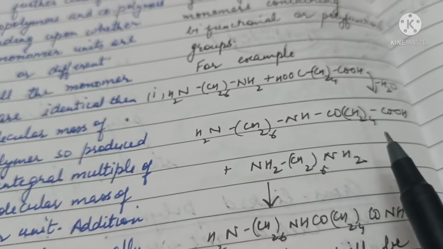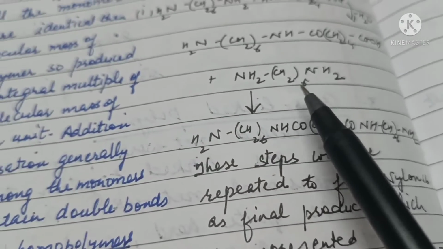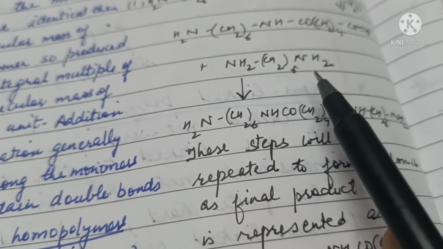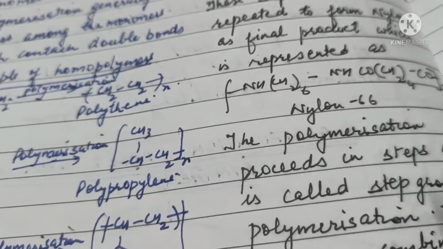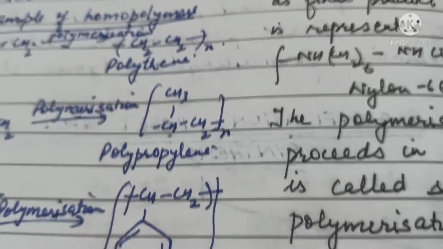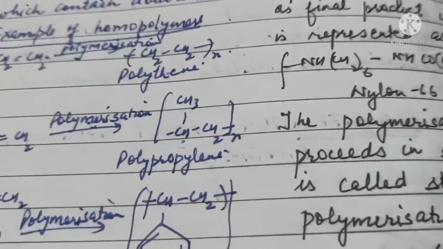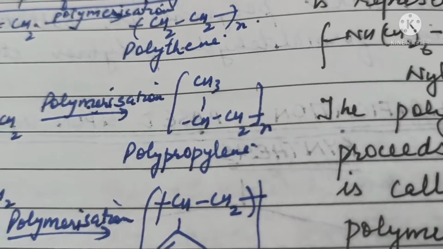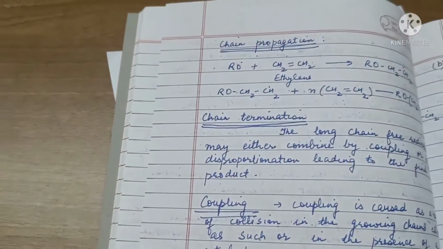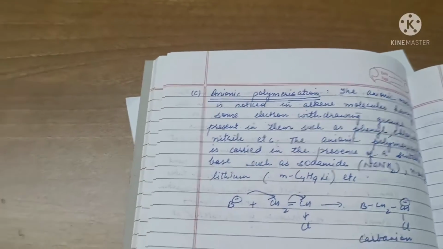A bigger molecule is formed. In the next step, it adds on to another hexamethylene diamine to form a still bigger molecule, and these steps are repeated to form the final polymer. This type is called condensation polymerization. A smaller molecule is removed as a molecule of elimination.